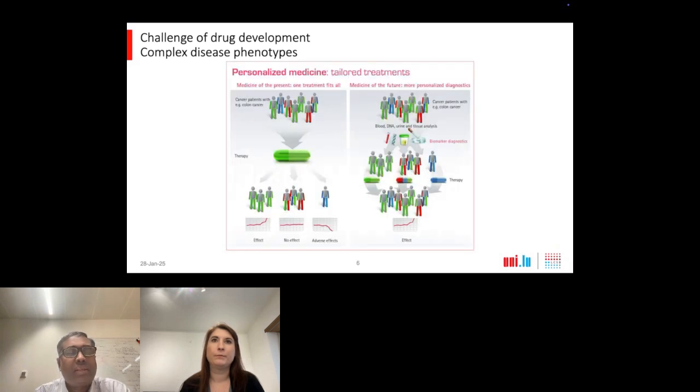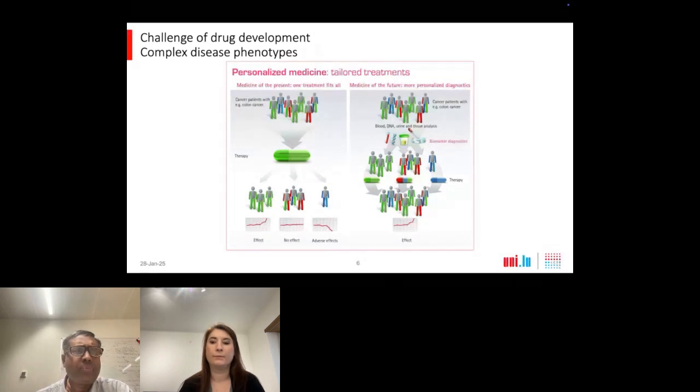As we know, one drug doesn't fit all populations. It may be effective in a certain population, with no effect or adverse effects in another population. Because of this, we do genetic stratification, stratifying people into different groups and then defining therapies specific to that particular group. This is what we call personalized medicine.